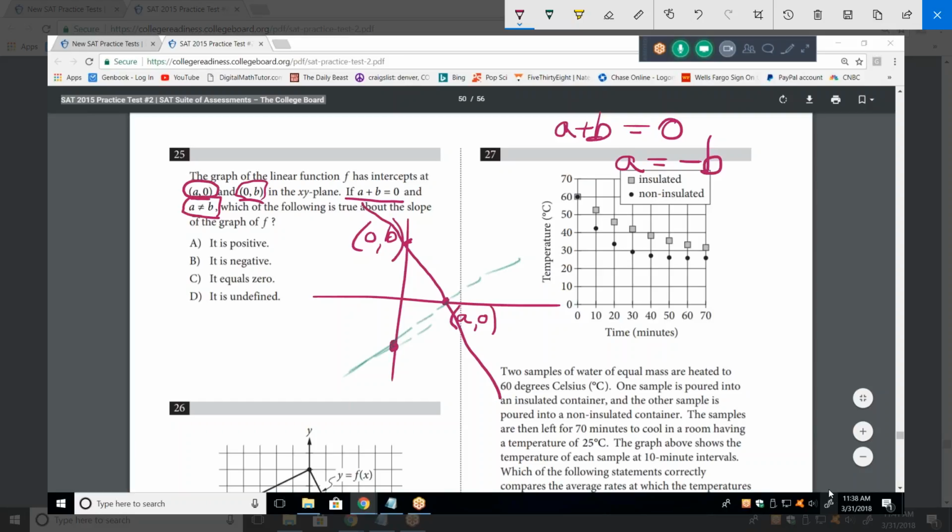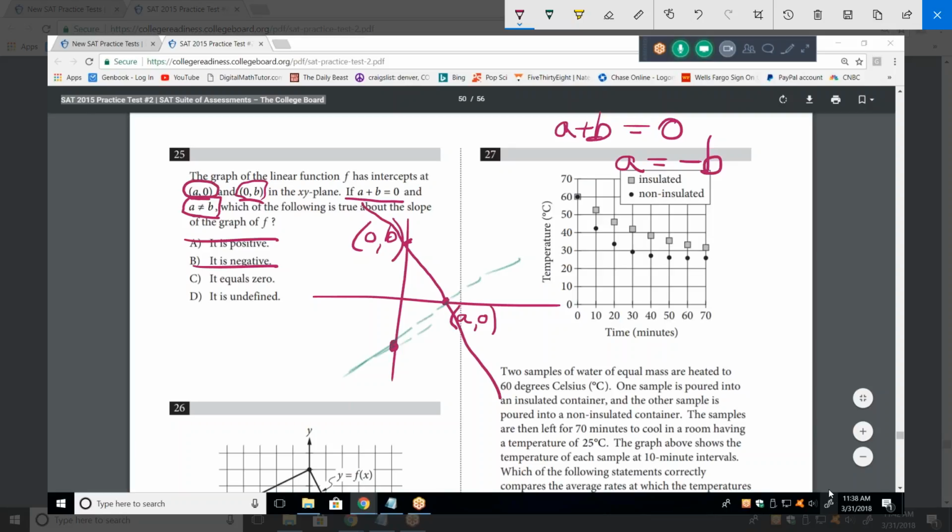Which of the following is true about the slope of the graph? Well, it can't be that, and it can't be that. Wow. Let me think for a second. This is extra tough, because it doesn't appear that it can be any of the four answers.